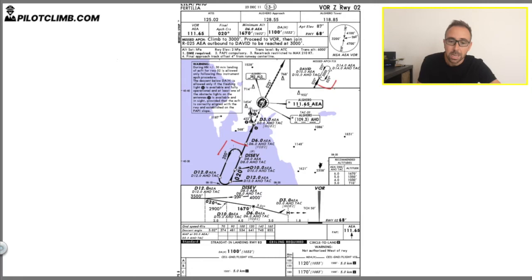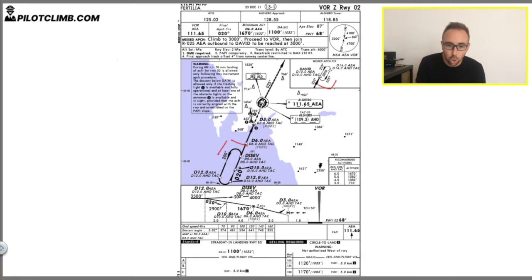The difference is that this pattern here is a procedure to make you established inbound for landing. It's not a holding that you have to join to take time, because maybe you want to land and there is no space for you and so on. This is still a procedure.